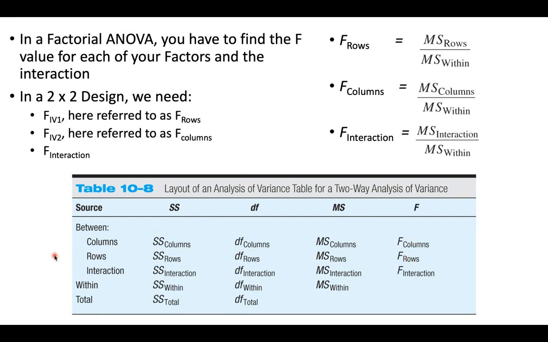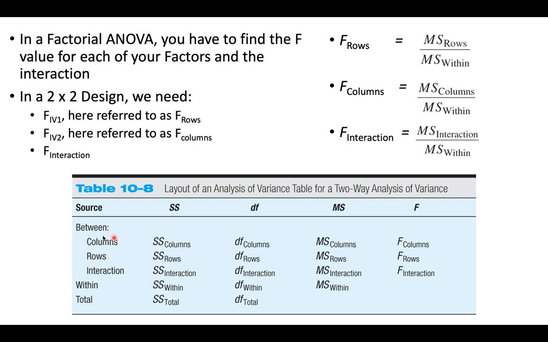Now, we're not actually going to learn the math here because, frankly, it's a lot. We don't need to learn how to do this math by hand. Just understand that this factorial ANOVA, in this case, a two-way analysis of variance because we have two variables, is doing much of the same work as our previous ANOVAs, and that it's partitioning variance from between subjects variance to within subjects variance.